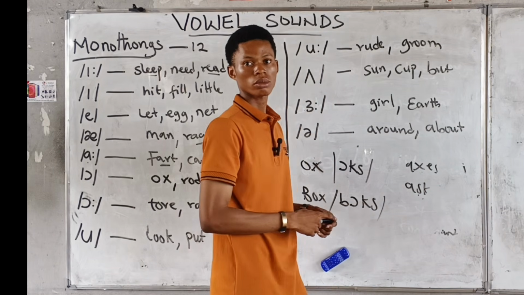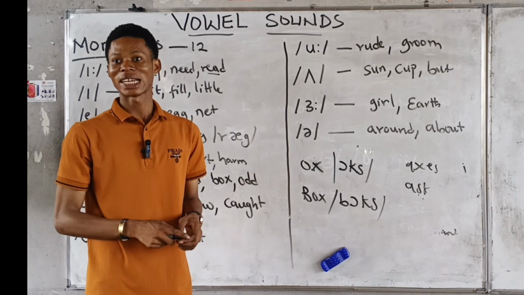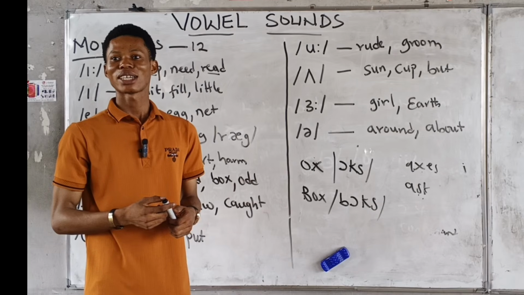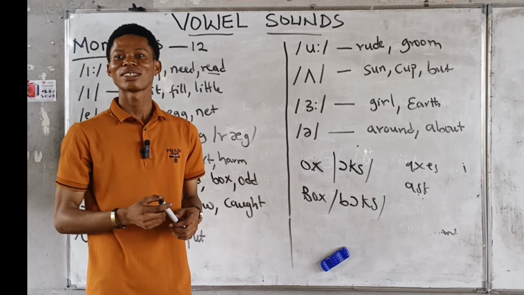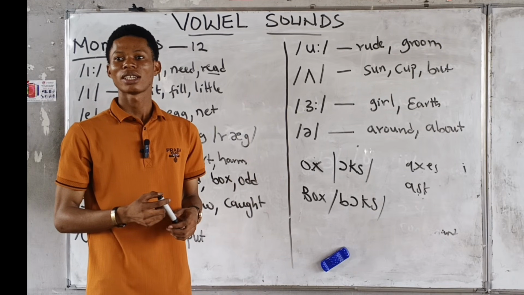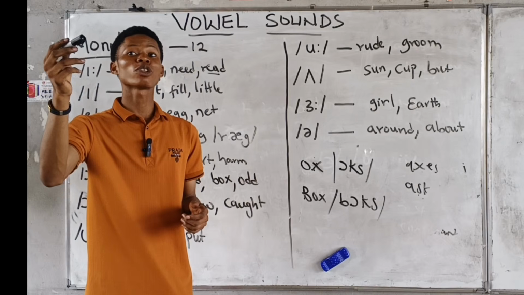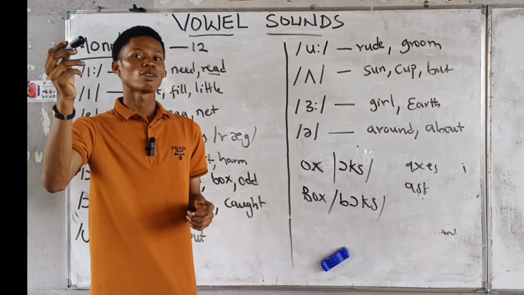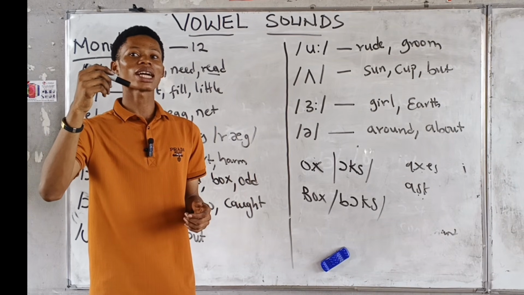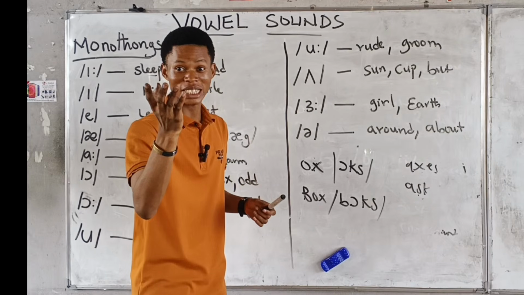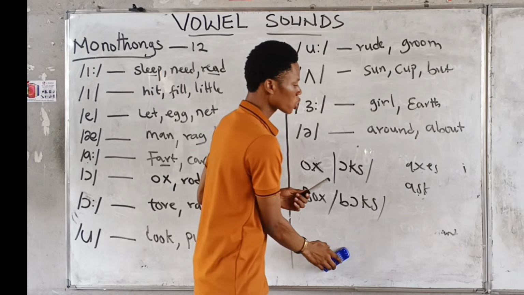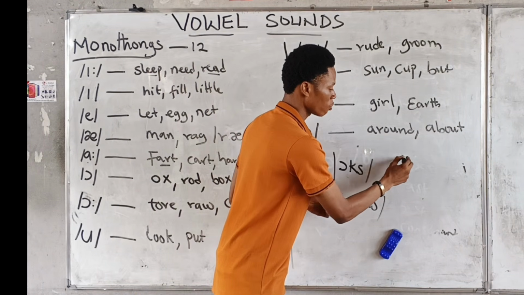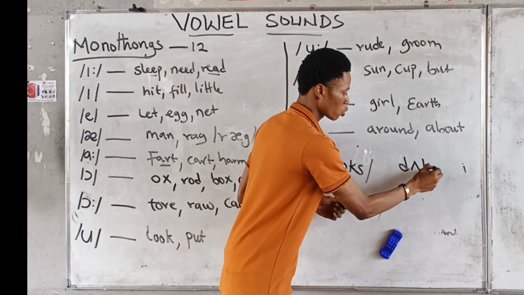Yes. If you are in Ghana, how will you transcribe doctor? They are even more correct than the way we pronounce it. Because as we transcribe it, if you transcribe that thing, this is what you have.